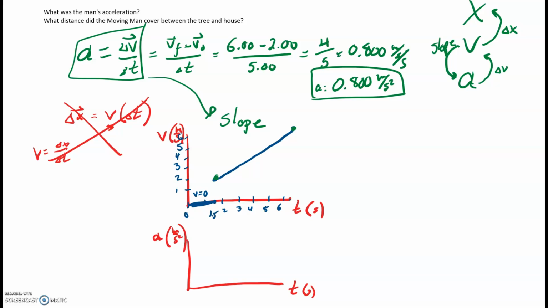Again, the moving man was stationary at the beginning for the first 1.5 seconds, and then it jumps to this constant 0.800 for 5 more seconds, up to 6.5 seconds.